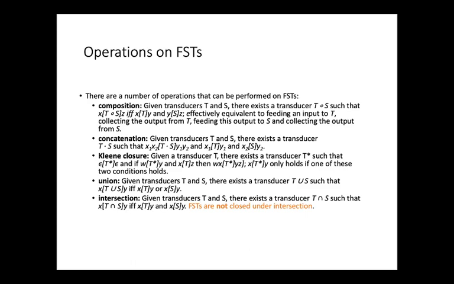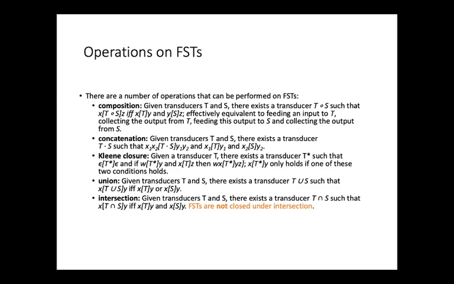So the other important thing for our purposes is union. You'll use union a lot in your homework. And union means that given two transducers, you have another transducer that includes all of the tuples in both of those relations.